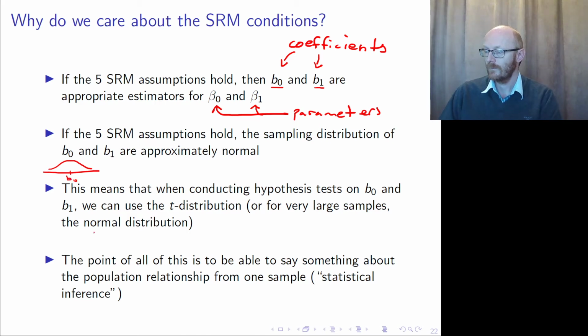Okay, and what does that mean? It means that now you know the normal distribution quite well. So if you know that something is normally distributed, then you can say something about the probability of that normal distribution, and where you can expect the true value of these parameters to lie.